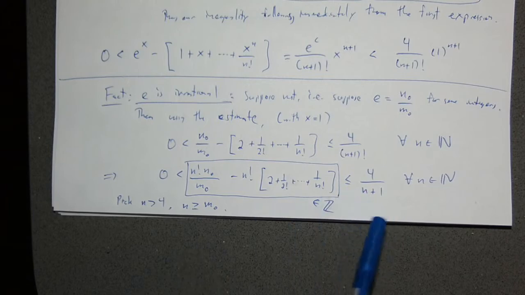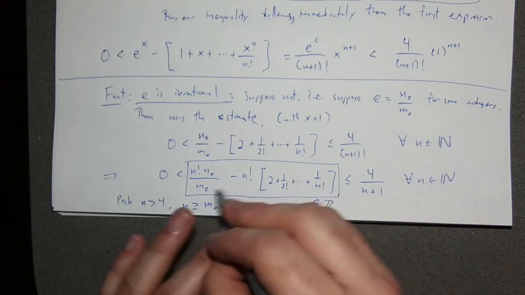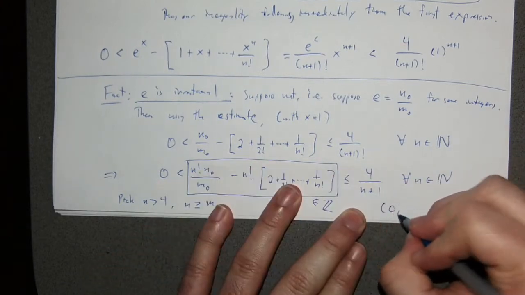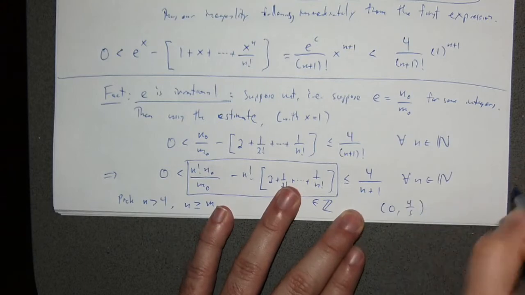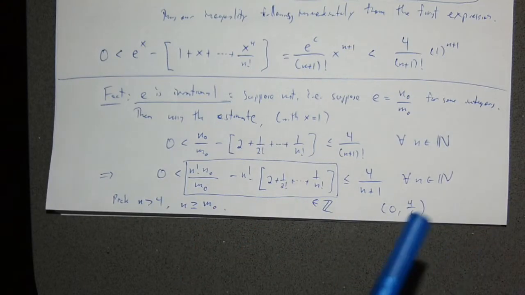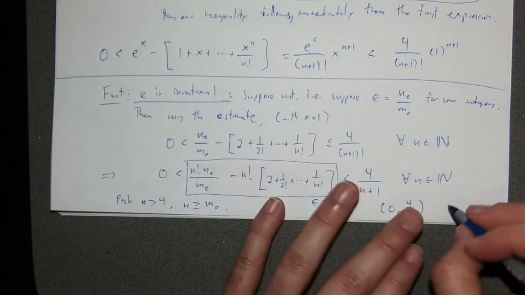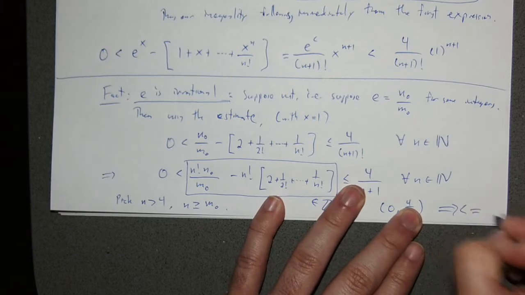But if I'm looking at n bigger than 4, for instance, all this is taking place between 0 and 4/5. So according to this estimate, I have now found an integer between 0 and 4/5. But no such integer can exist, so that's a contradiction.